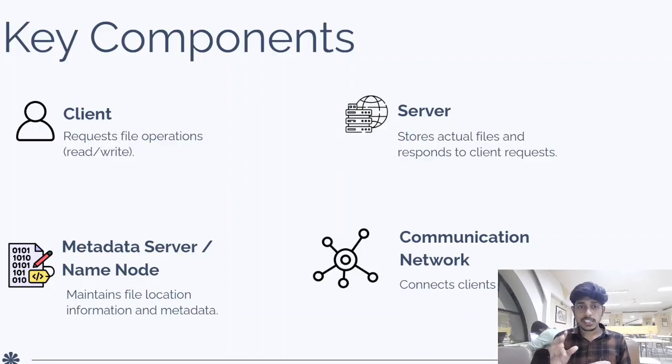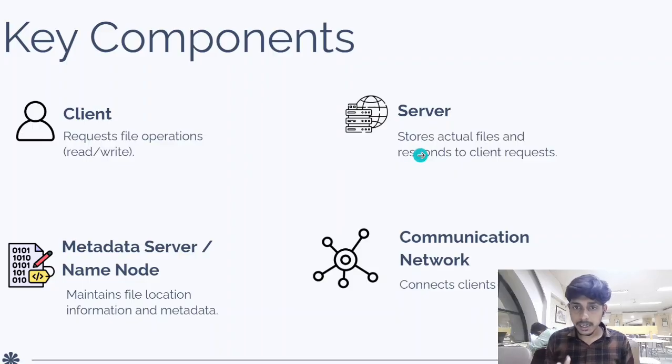The metadata server checks its log and says, okay, file.txt is on server five. So we will have multiple servers, and the metadata server will give us a route or a path towards the file. When the client knows to go to one of those servers, it gets the actual file. The metadata server acts as an address book, or the brains of the whole operation.